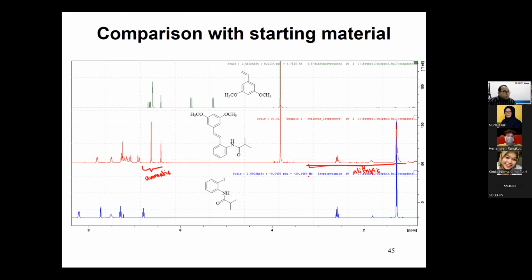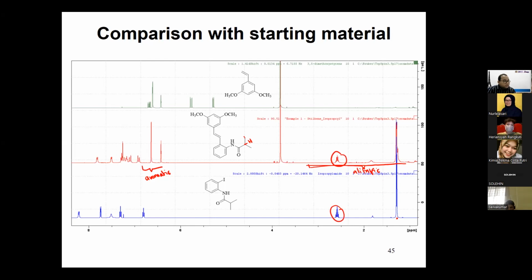Okay, so if you see this proton and this proton, they are represented in these positions, because this proton here, coupling with this CH3, can give you multiplets, and these doublets are represented in these positions because this CH3 coupling with this one becomes doublets.